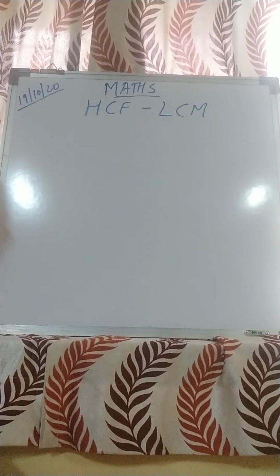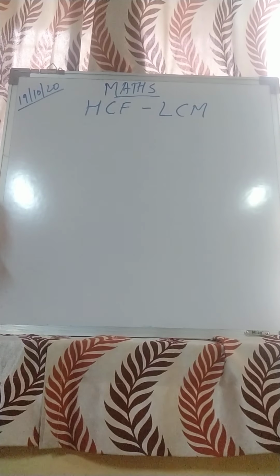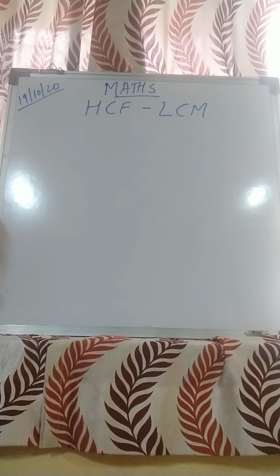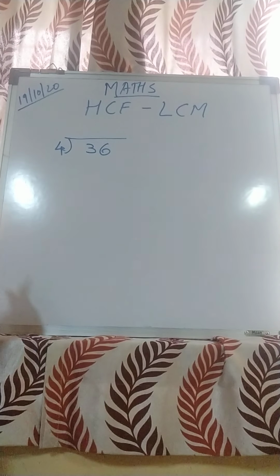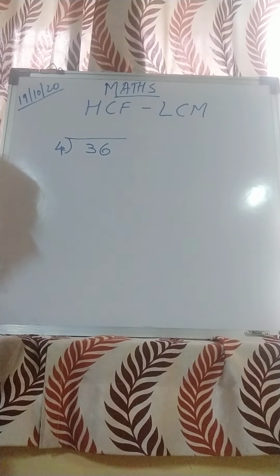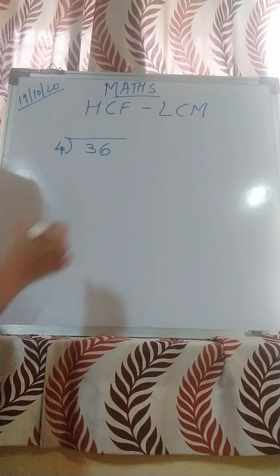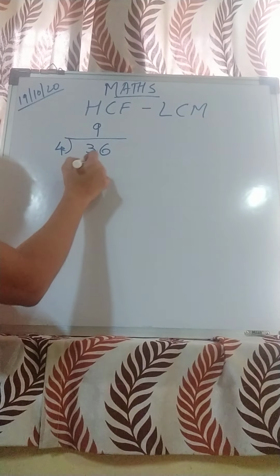What is HCF and what is LCM? Before learning that, let's recall our dividend and divisor. You are doing this from your 4th standard only. Now when we are dividing 36 by 4, the answer is 9. How come?